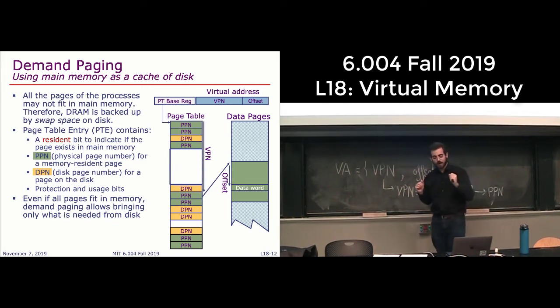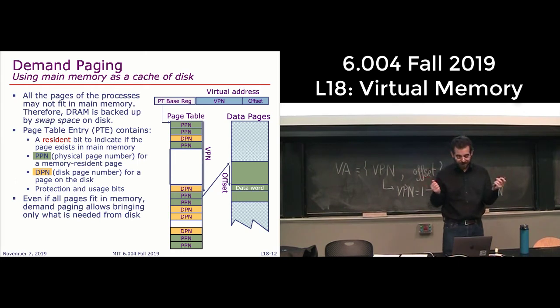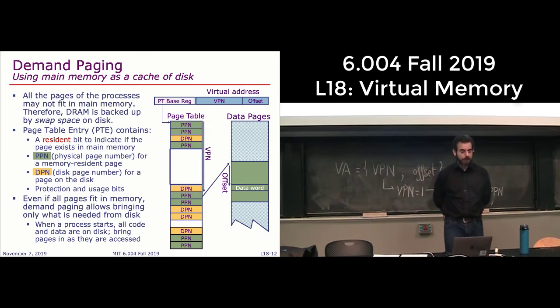And when the process tries to jump somewhere else, then the operating system will bring the page that the process wants. That is good because, for example, think about the case where you have a program that is 100 megabytes of code, but it throws an error or does something very simple and then just exits. That way you don't need to bring all the data. The operating system can be lazy.